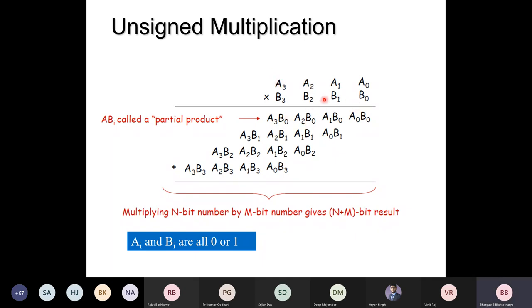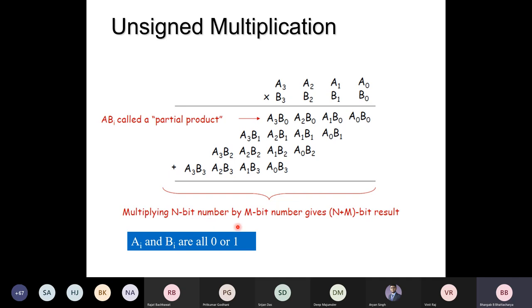And similarly, I shift this one cell to the left and keep on doing this: B1 A0, B1 A1, and so on. So that means I need AND gates. Suppose I want to generate all of them in parallel, I need so many AND gates, fed appropriately with these inputs so that they generate all these bits instantaneously, I mean after a unit logic delay.